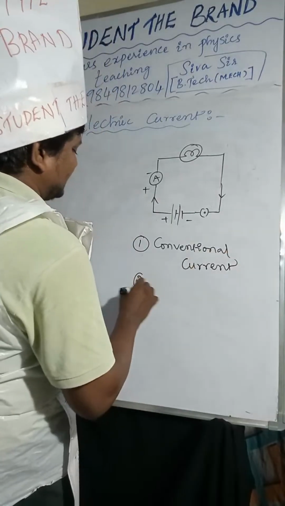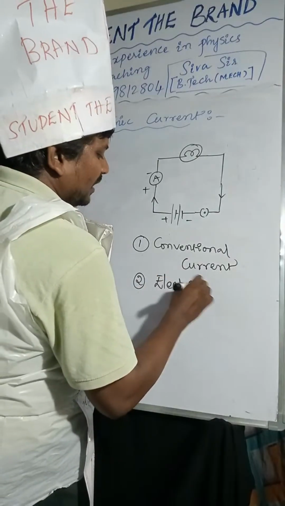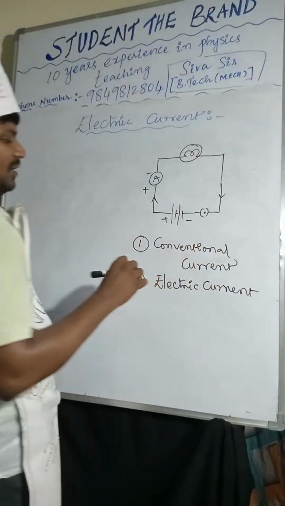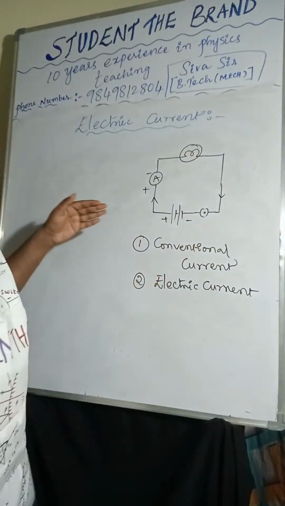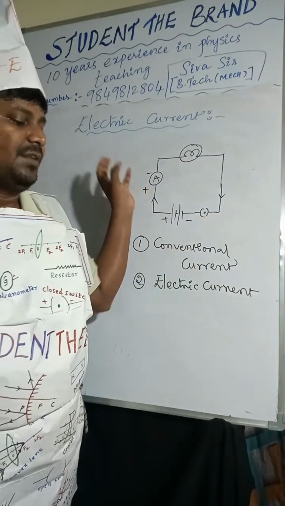And the second one is electric current. Conventional current and electric current. Coming to the conventional current, the flow of positive charges direction is known as conventional current.